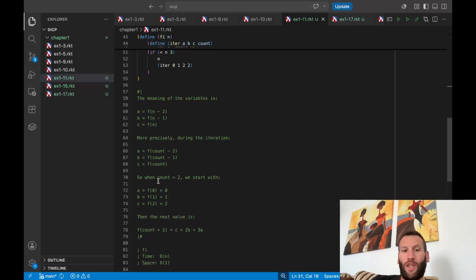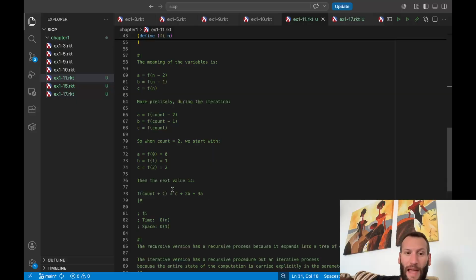So when count is equal to 2, we start with a equal to 0, b equal to 1, and c equal to 2. And then the next value is f of count plus 1, which is exactly c plus 2b plus 3a.